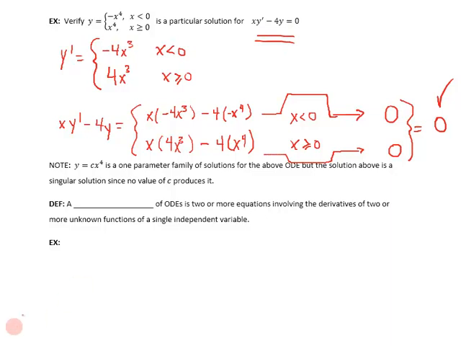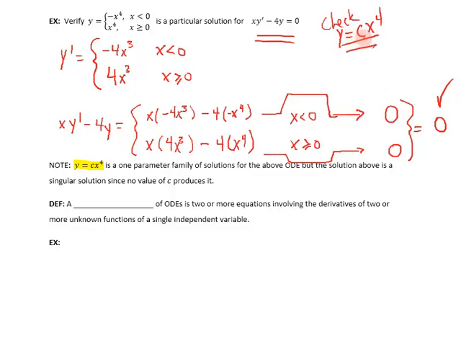As it turns out, y equals cx to the fourth is also a one-parameter family of solutions to this. So y equals cx to the fourth, you could check pretty quickly that that's a solution. But this is also a solution, but this is not a case of this. Right?